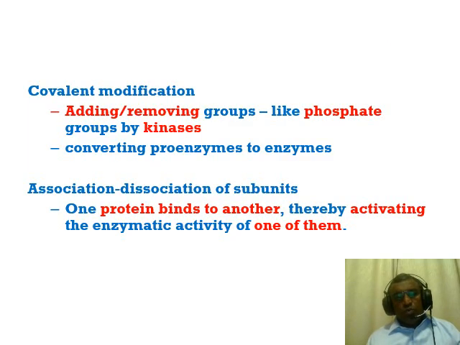So another two ways apart from allosteric regulation in controlling the enzyme activity are covalent modification as well as association dissociation of subunits.